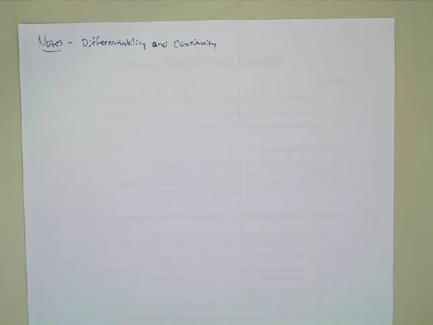For differentiability, the derivative must exist. You must be able to take the derivative at that point. Since the derivative is basically a limit, that limit must exist, so the left-hand and right-hand sides must agree.